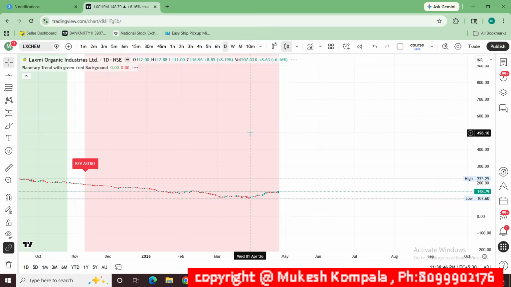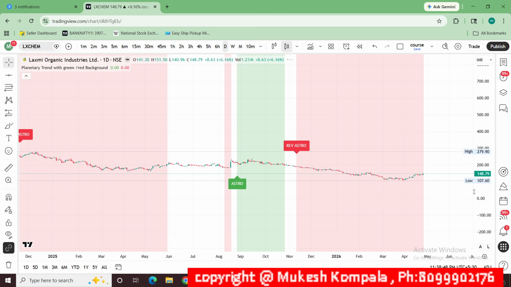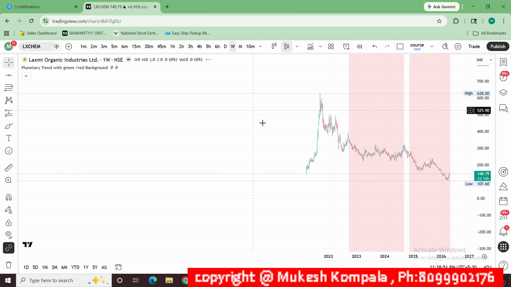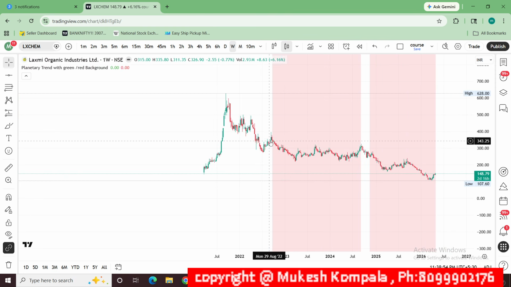So go for daily, very clear. Or you can go for weekly. See this, exactly 367, it gives the signal of short on Lakshmi Organics. Sir, for long-term investing, we can trust this indicator blindly.